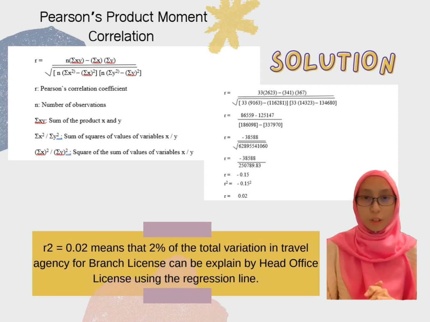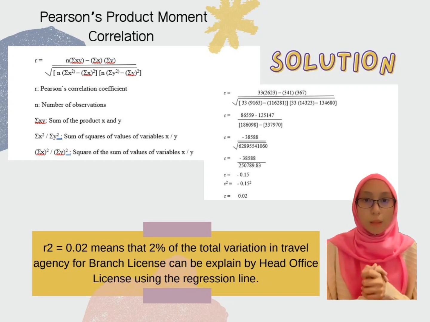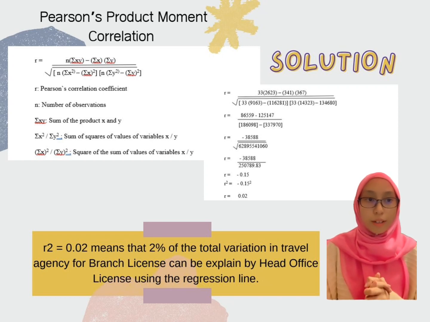In the Pearson correlation coefficient, n is the number of observations, sum of XY is the sum of the product of X and Y, sum of X squared is the sum of the squares of variable X. The square of the sum of variable X: the sum of x is 341, and the overall answer is 116,281.